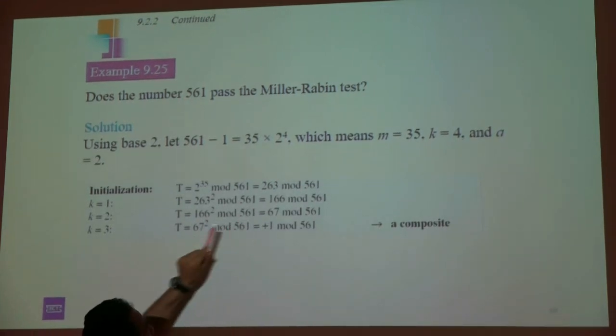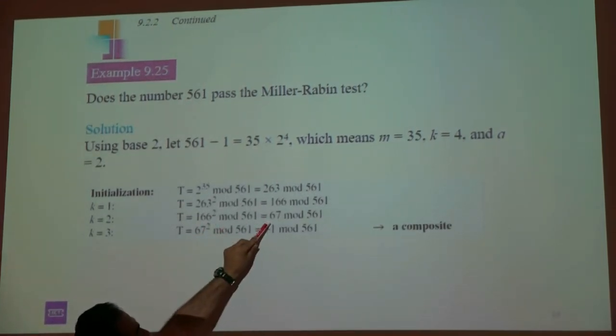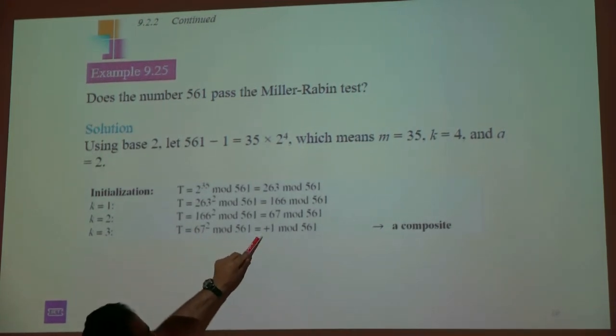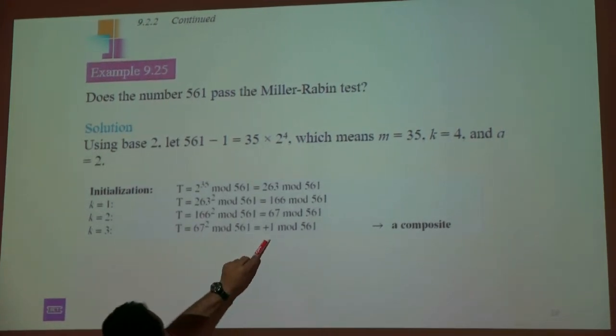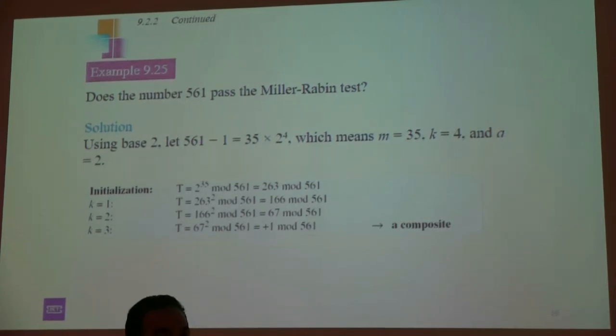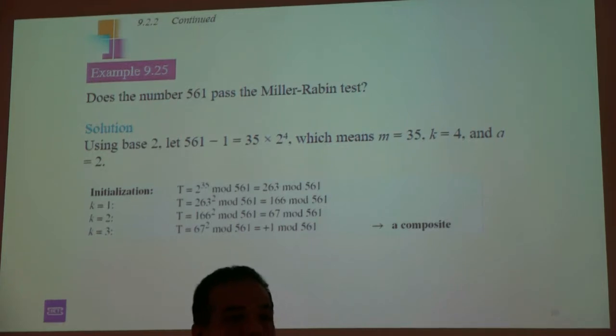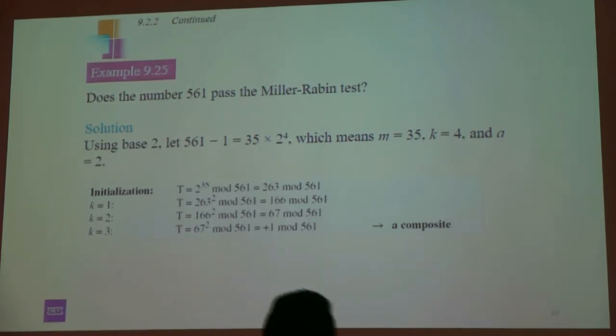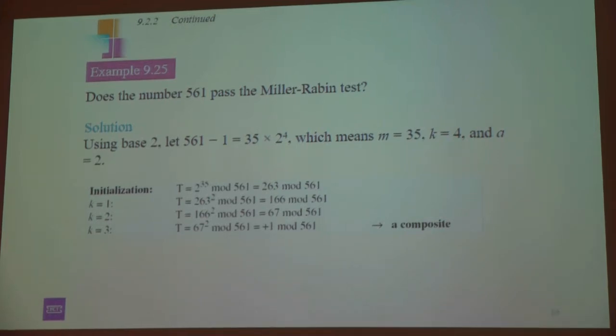Then you take the 166 and square it, which gives you 67. Squaring again gives you plus 1. So if you come to plus 1 before you go through all of k, then it's a composite.